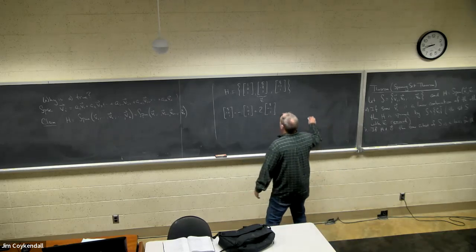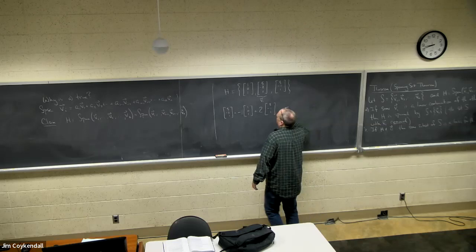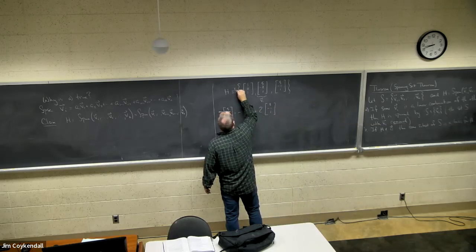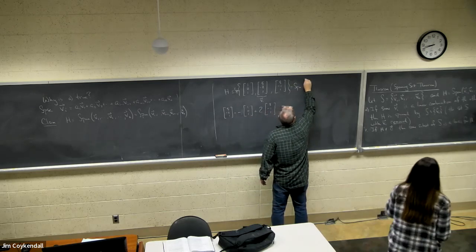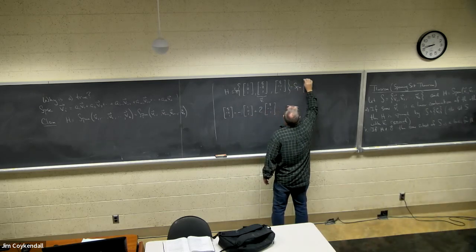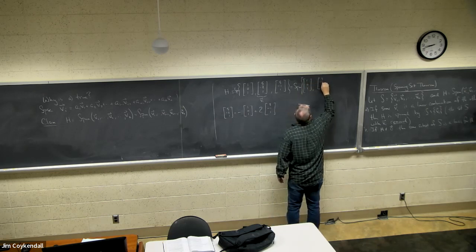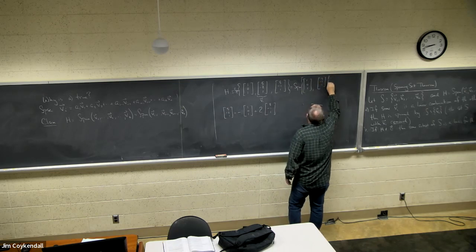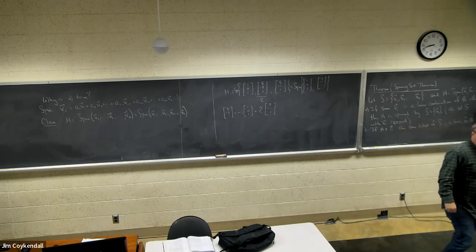So I claim, the analog here is, if H is the span of this, it should be the span of (1, 0, 1) and (3, -1, 1). Can somebody explain why the spans are the same?